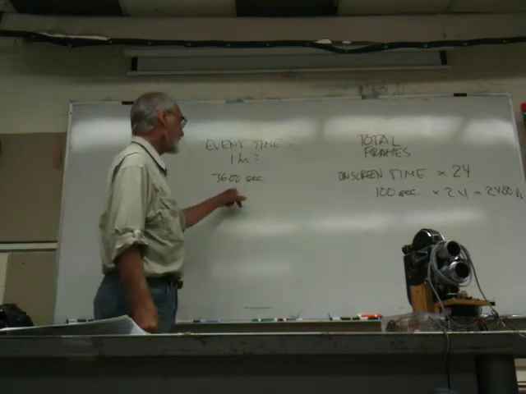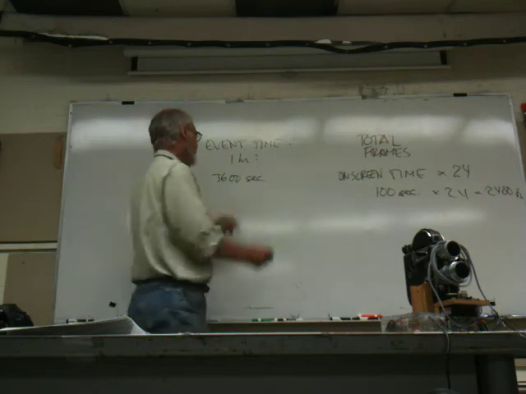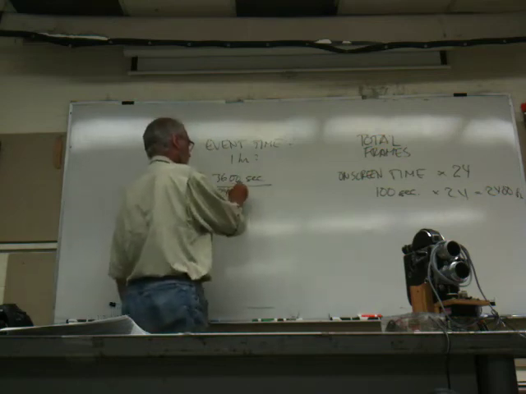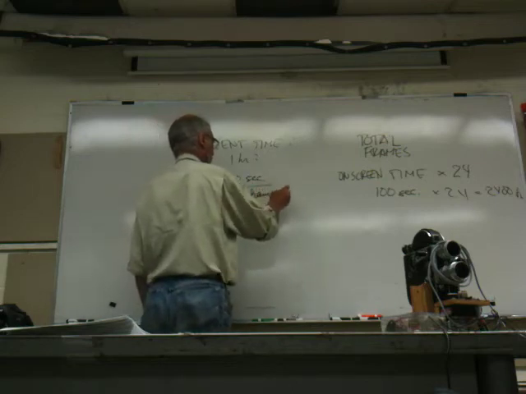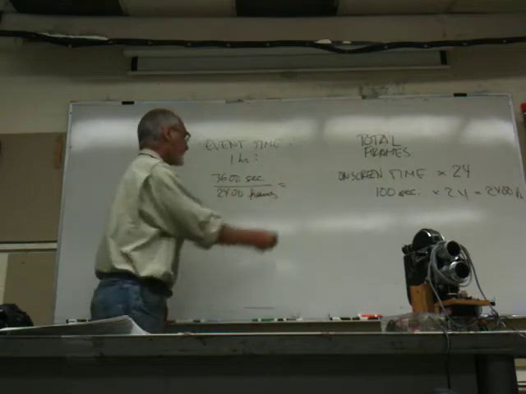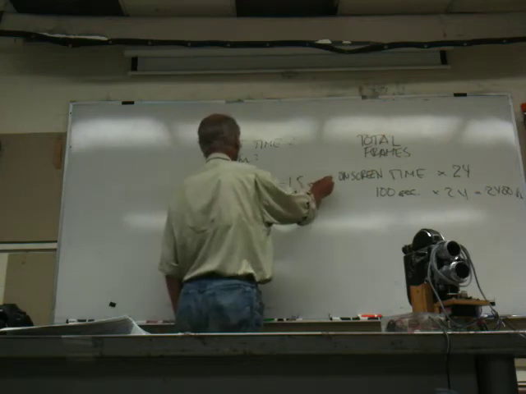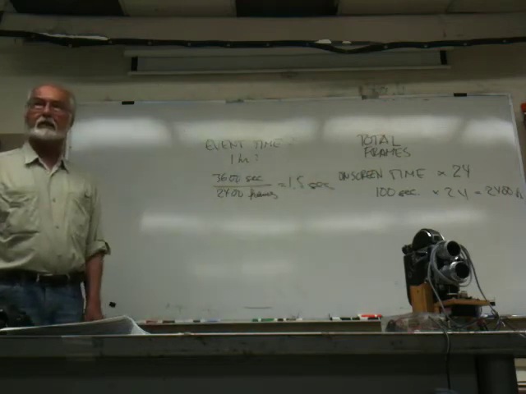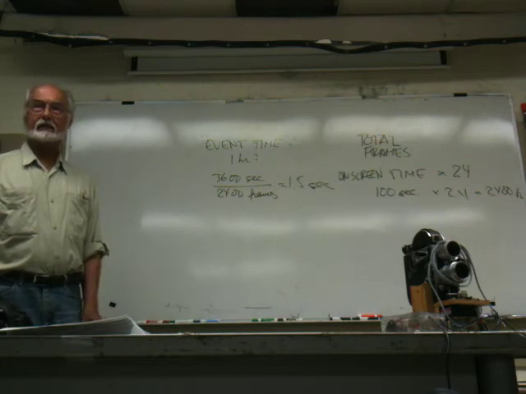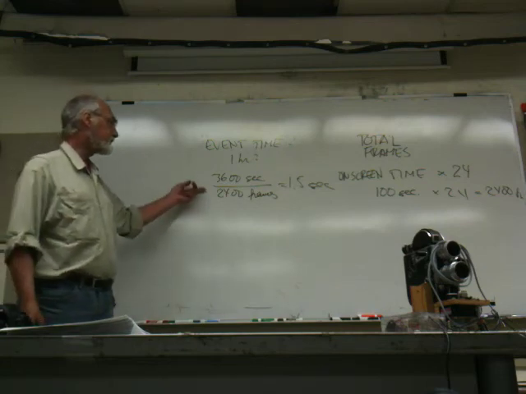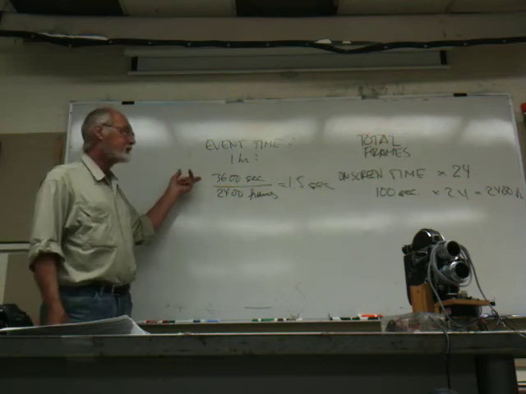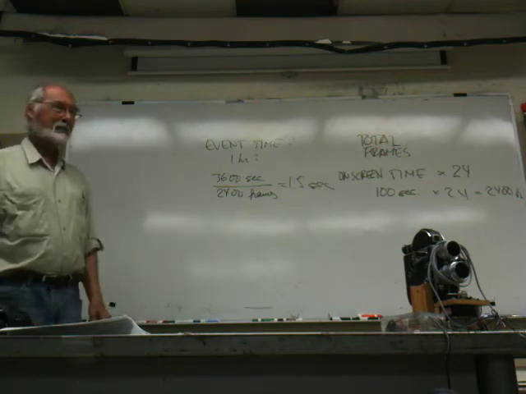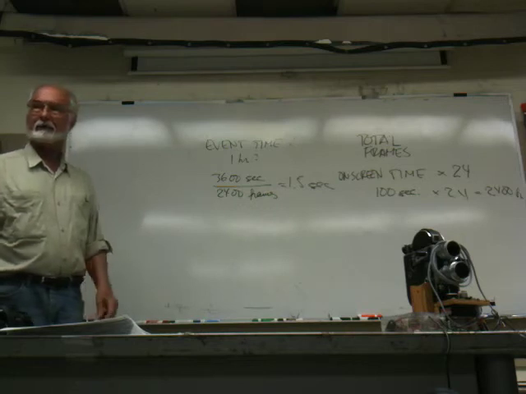And in that length of time, I have to expose 2,400 frames. That tells me that it's 1.5 seconds between frames. Did I do that right? 1.5 times 24 is 36? Yeah, that's right. 1.5 seconds per frame.